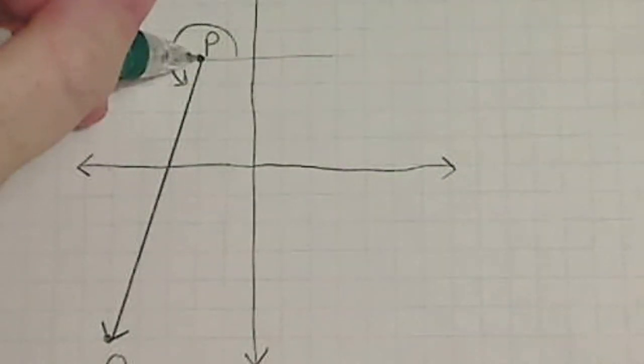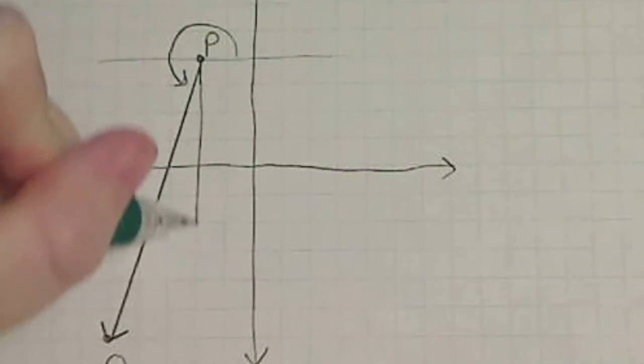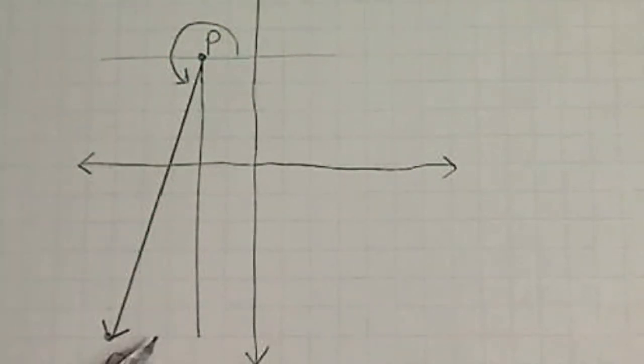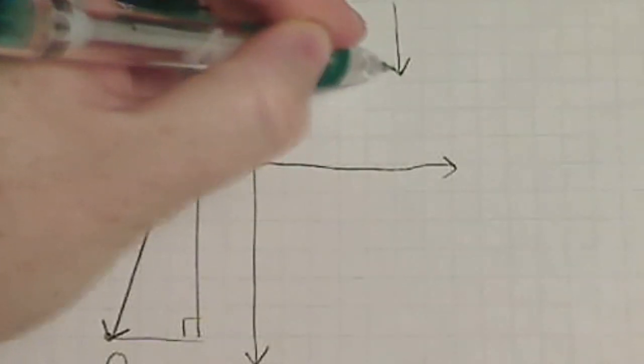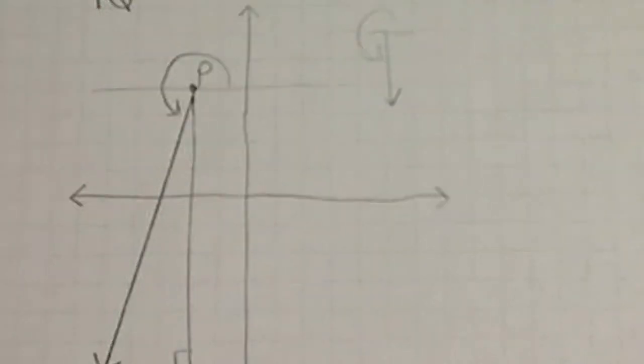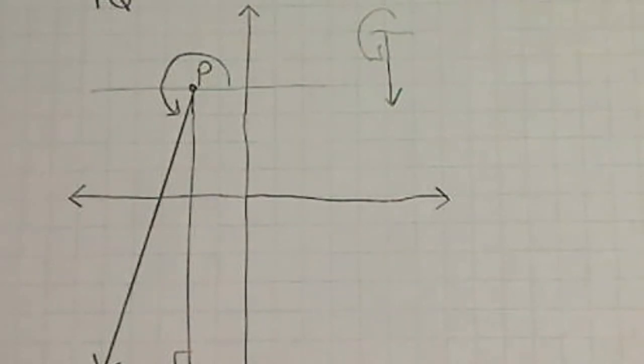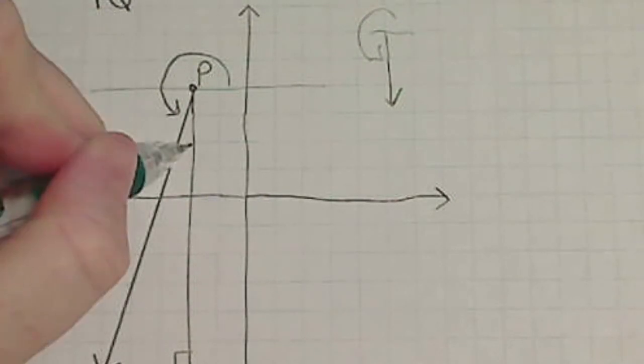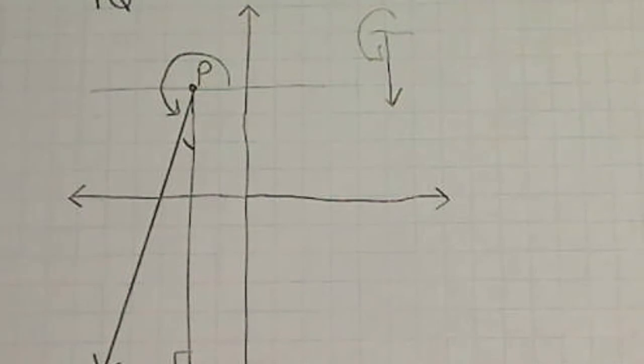But I do see that there is a triangle here. And I know that if I have a vector that is straight down, this right here is 270 degrees. Okay? So I can take my 270 and subtract this little angle that I have right there.